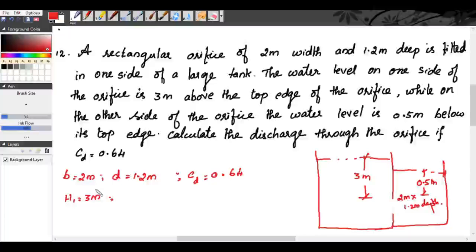And it is given that on the other side of the orifice the water level is 0.5 meter below its top edge.